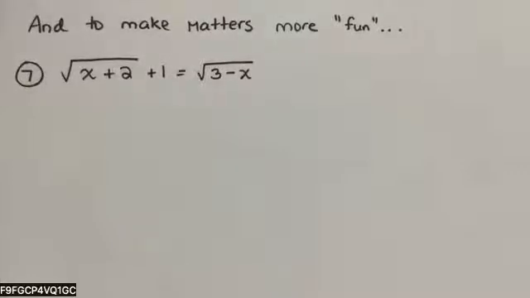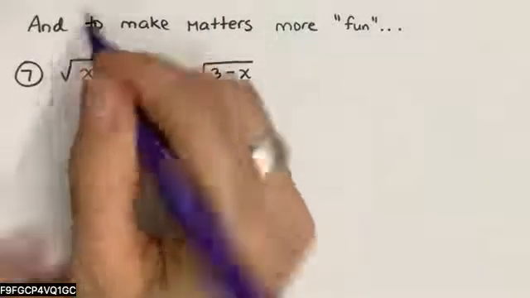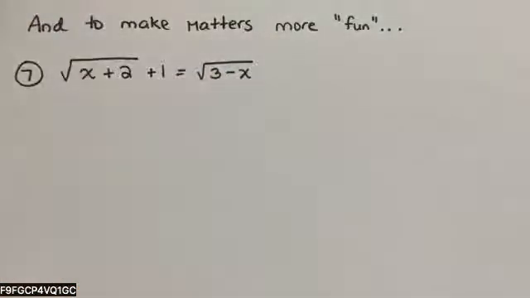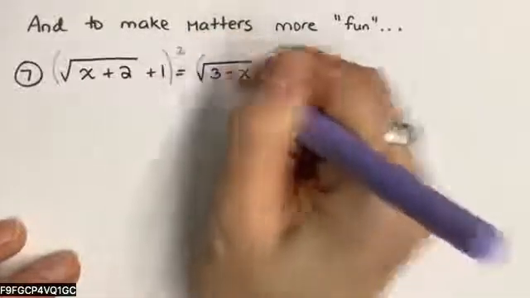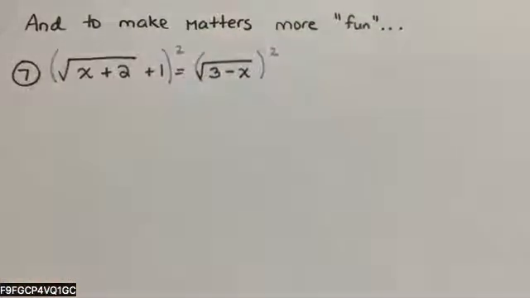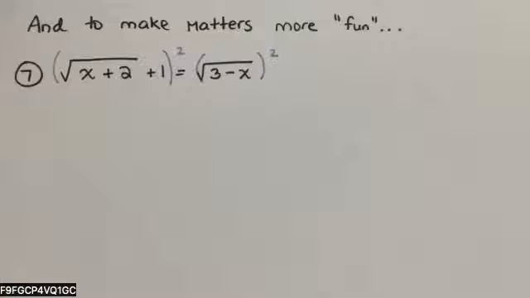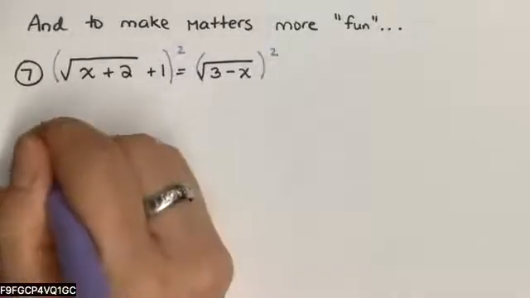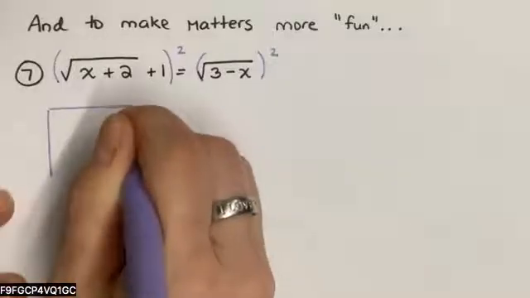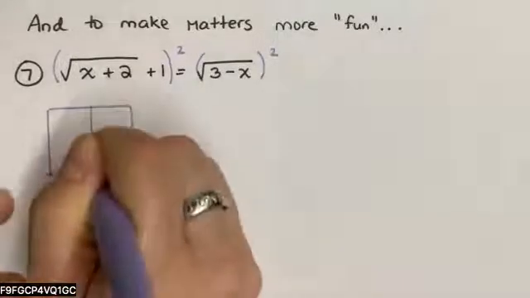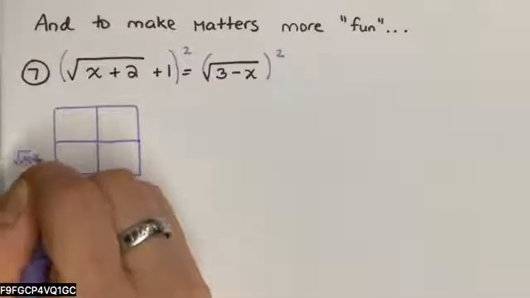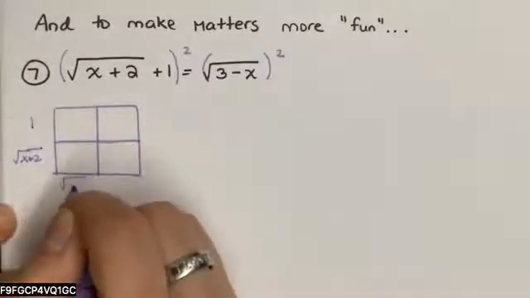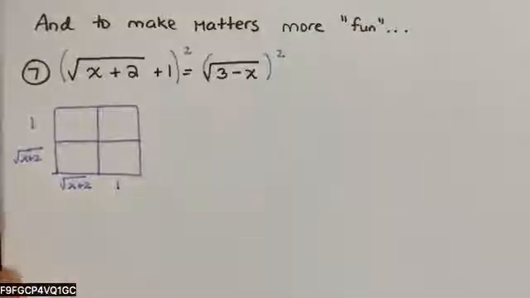Oh dear. Well, I am going to go ahead and do what I know needs to be done. I need to square both sides. I wish I could tell you this was going to be pretty, but it is not. To square this side, I'm going to have to set up an unbelievably unpleasant box. Root x plus 2, 1, root x plus 2, and 1.